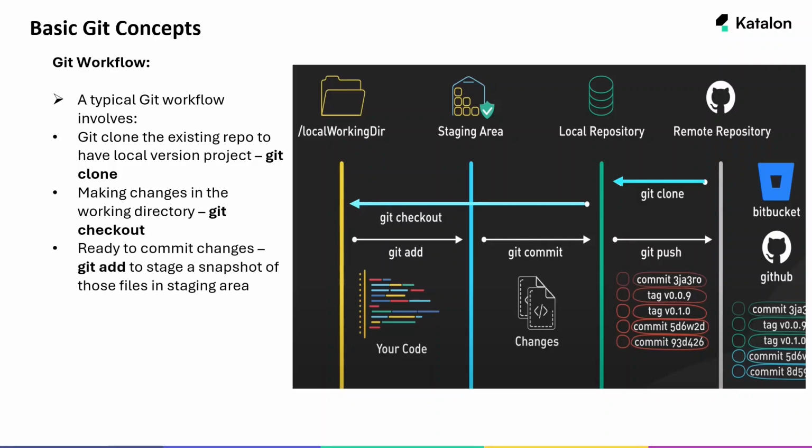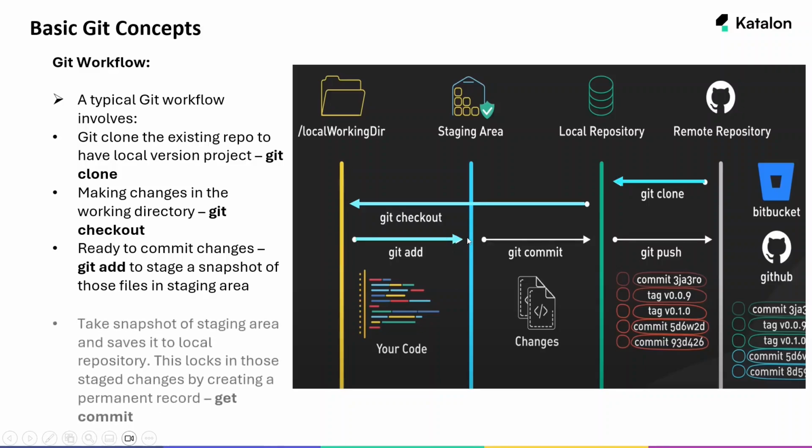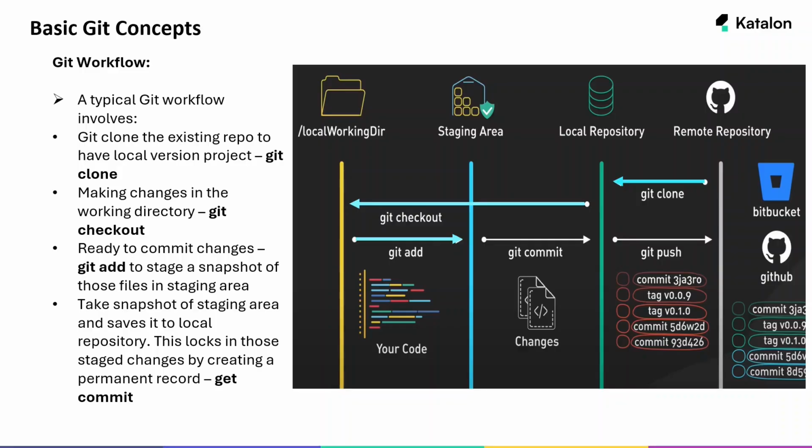And then once you complete your changes to your code base, when you are ready to commit changes, you need to use a command called git add to stage a snapshot of those files into a staging area. So here you are adding your local changes to your staging area, and then you take a snapshot of the staging area and save it to the local repository.